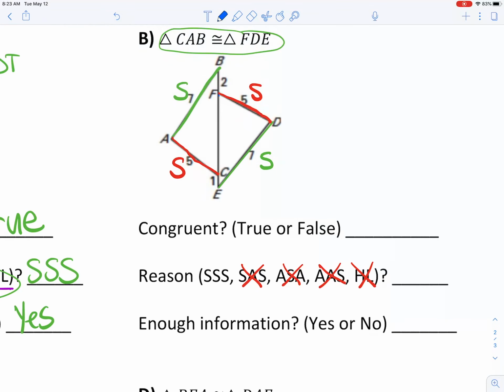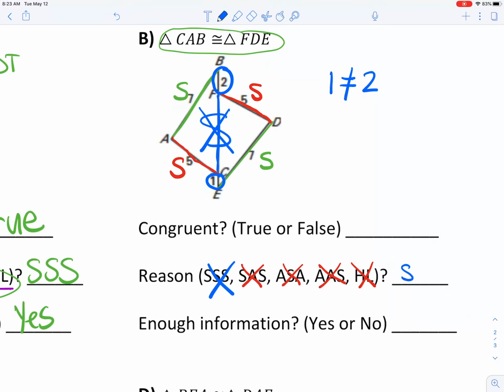Let's see. The other side of the triangle, I see that this part is equal to itself, but we have this little extra loop here. This is 1 unit, but this side here is 2. Is 1 the same as 2? No, it is not. So this third side here does not work.